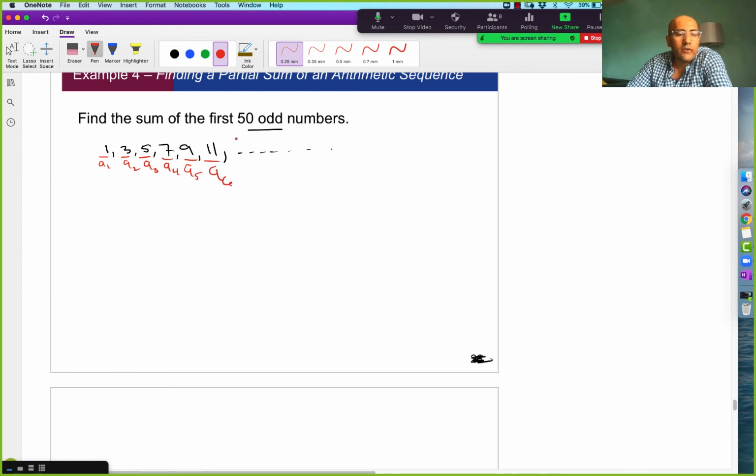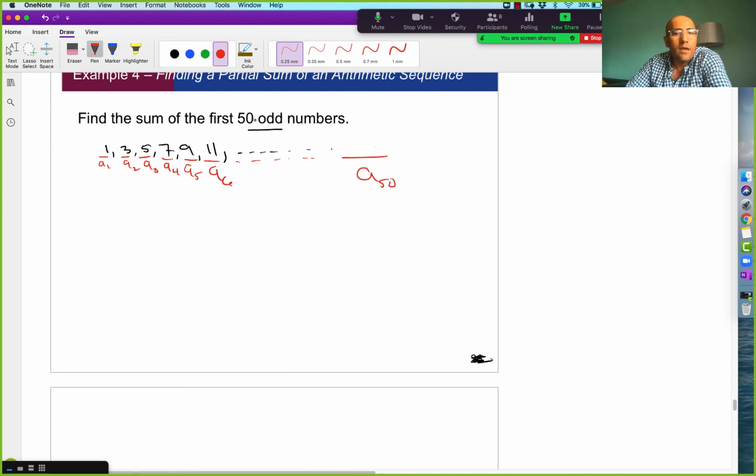So don't confuse the actual value with this. This is indicating that we want 50 numbers, not that we want to reach up to the value 50. That sometimes confuses people. Anyway, we want to keep going until we find the 50th odd number and then add them all together. That's what we want to do.